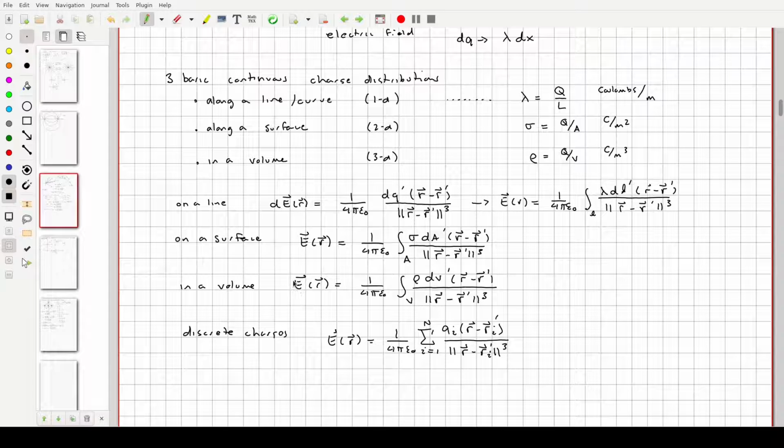So as you can see, that's the jump from the sum to a continuous thing like this.